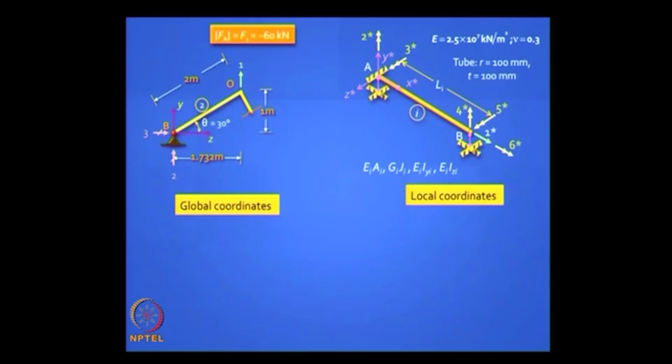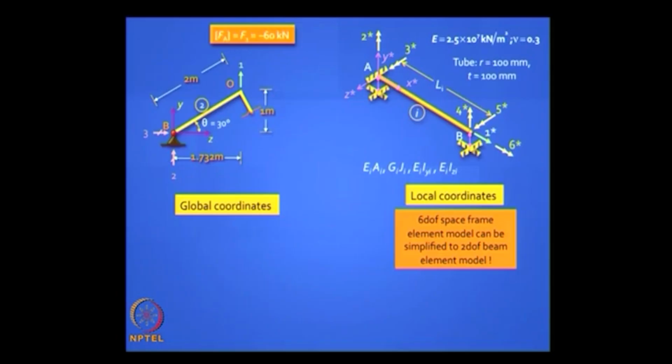We could use the 6 degree of freedom element, but since we have bending in only one plane, you can reduce that element to a beam element. That's a phenomenal simplification. Such problems you do by the reduced element stiffness method, not the conventional one. You could, but you are using an elephant instead of a hammer to drive a nail.